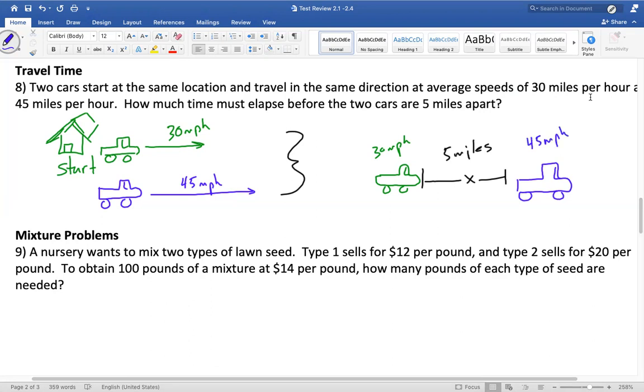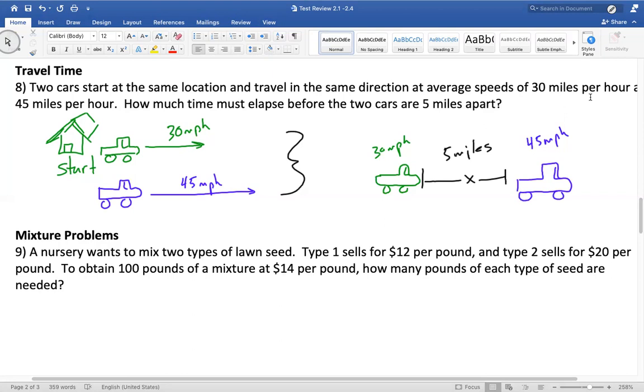Now, a couple different ways you could do this. First way, I could think about the distance. The green truck is going to go X miles at 30 miles per hour, times T, which is the same for both of them.